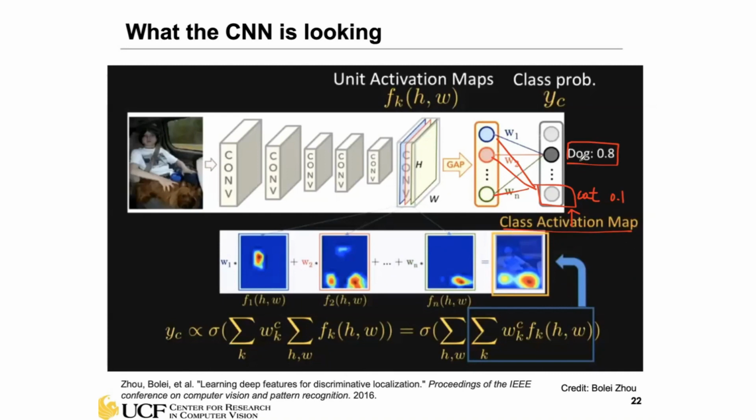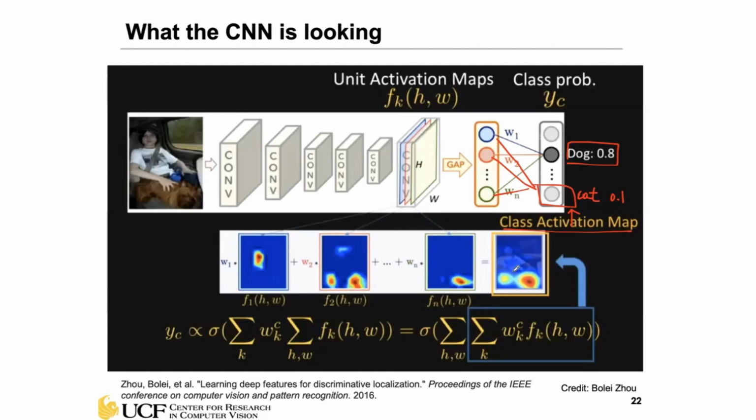Okay, so let's say in this example the network gives the largest class probability to the class dog, which is 0.8. Here we can backtrace. Why does this network give the highest probability to the dog class? We want to backtrace and see what pixels the network actually focused on. Using this technique, we generate this weighted sum, or weighted average, of the feature maps.